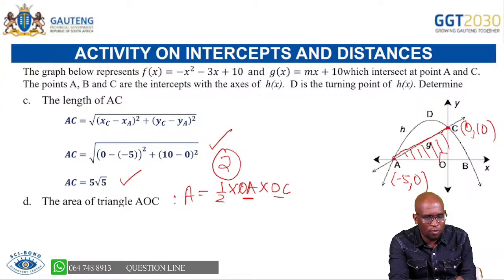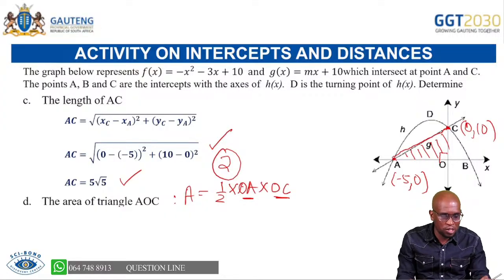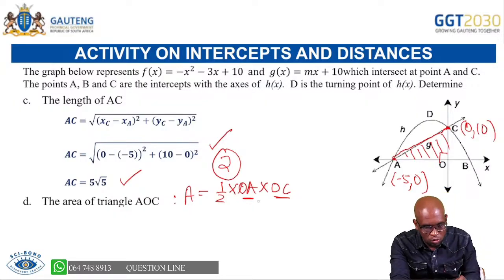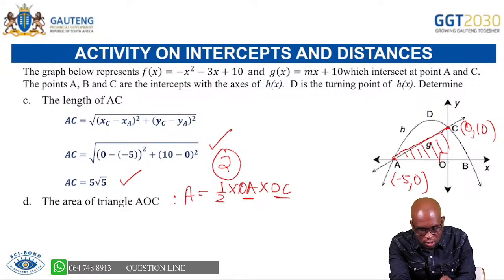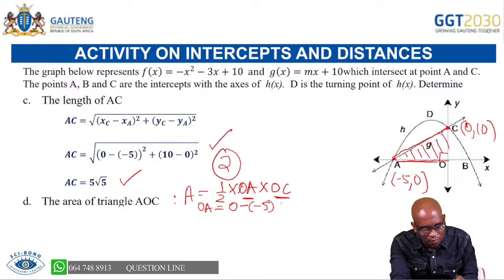So we need the length of OA and the length of OC, and we've already worked out OC. OA, we did not work it out. That would be this length, but you can see that OA is x on the right minus x on the left. It's 0 minus -5, so OA would be 5 units. We know OC, we've worked it out as 10 units.